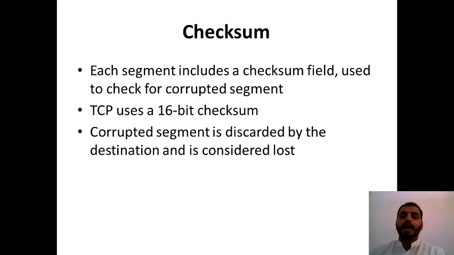So it means it includes a checksum field used to check the corrupted segments. The next point is TCP uses a 16-bit checksum. And the last point is a corrupted segment is discarded by the destination and is considered as lost. This is with reference to checksum.